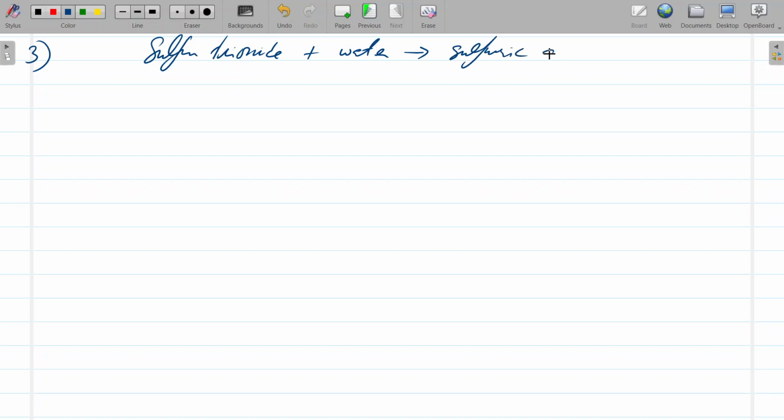What that looks like is SO3, which is a gas, plus H2O, which is a liquid, giving you H2SO4, which is a liquid. And it's all balanced, and that's it.